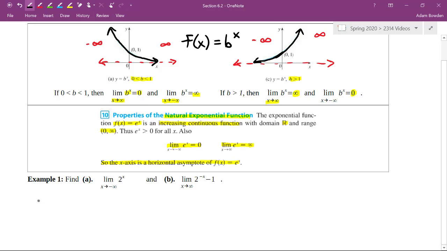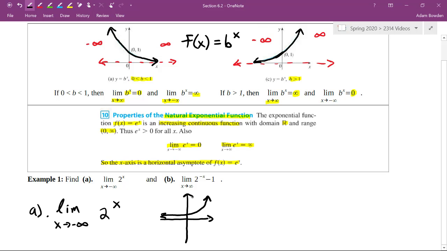So let's consider two limits, starting with the limit as x goes to negative infinity of 2 raised to the x power. So this particular function with a base 2 will have the graph that comes up this way and continues to rise.